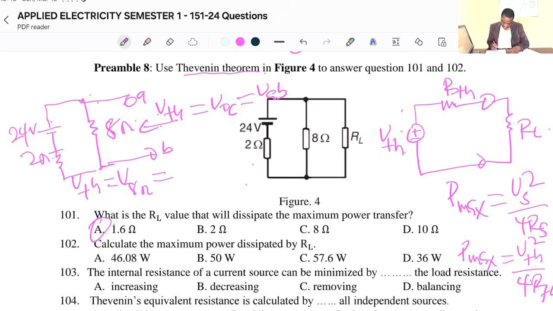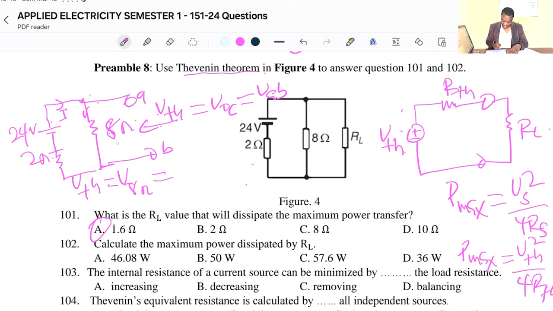The voltage across the 8 ohms: imagine there is current I here. This is an open circuit, so no current will pass here. All the current will pass through this and then come to this, so 8 ohms and 2 ohms are in series.